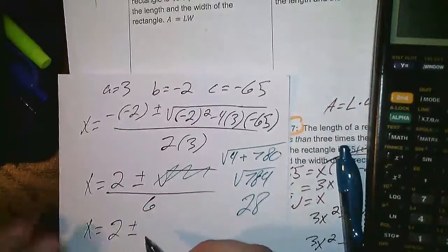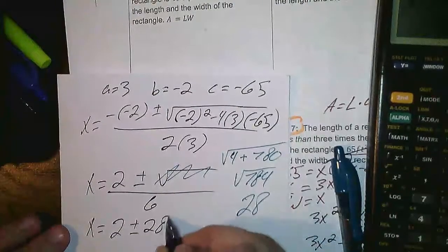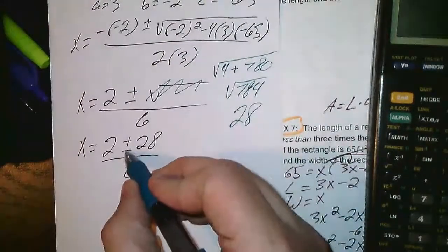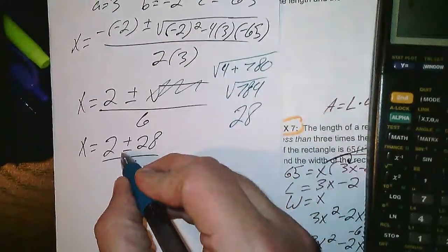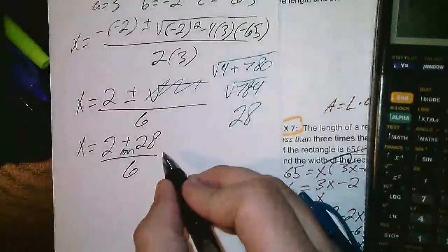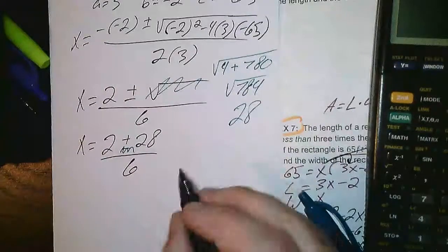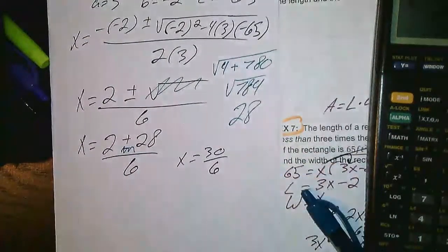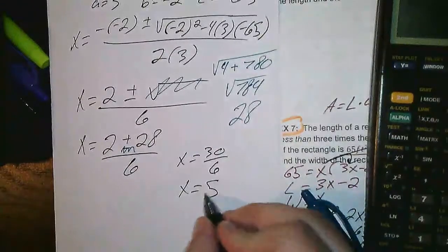2 plus or minus 28 over 6. 2 minus 28 would be negative, so I'm going to throw out that piece of it and just do 2 plus 28, which is 30, divided by 6 is 5.